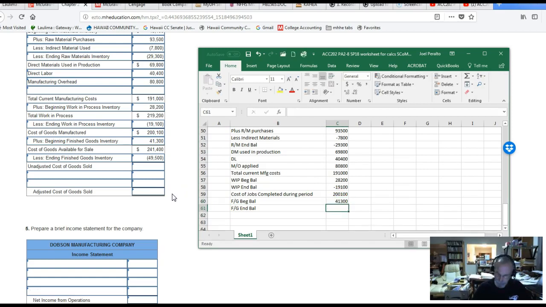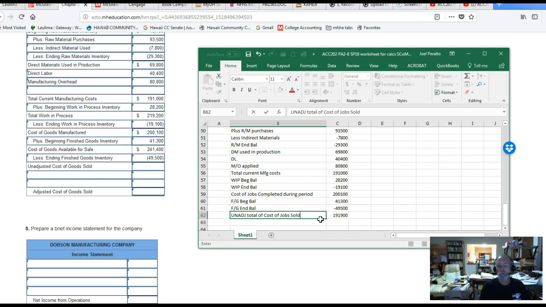Ending balance is always a negative, minus 49.5. And if we take a total of cost of what we completed, added to beginning, and then we subtract out the ending, that'll give us the unadjusted total of cost of jobs sold.